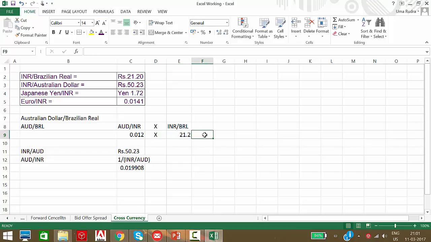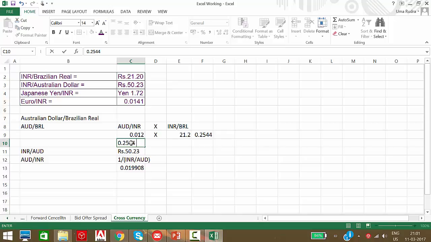If I multiply these two, let me put the formula here: 0.012 into 21.2, which is 0.2544.